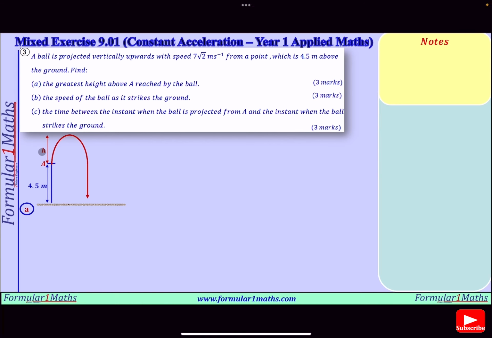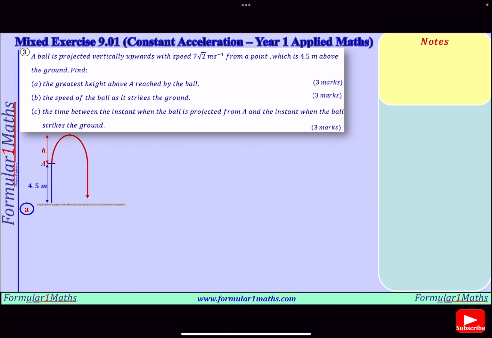Velocity, acceleration, displacement are all vector quantities. So for the one-motion method, it's advisable to assign directions to the upward motion and to the downward motion. When the ball is projected from a point above the ground, it's advisable to regard upward direction to be positive and downward direction to be negative.